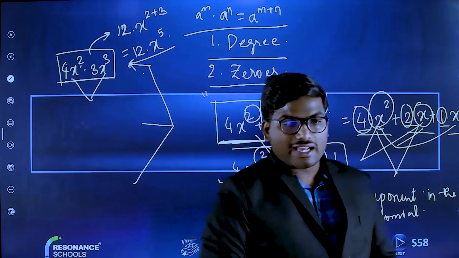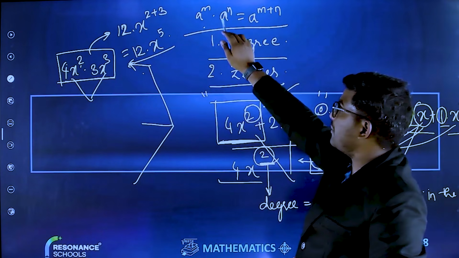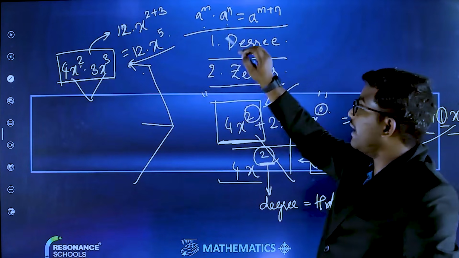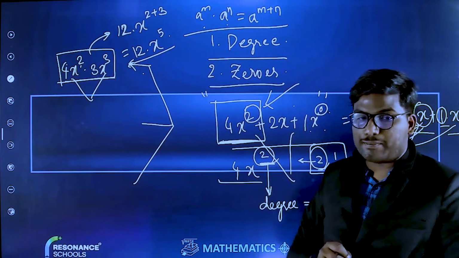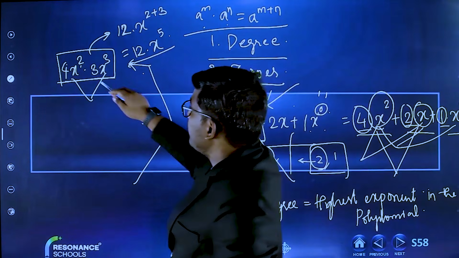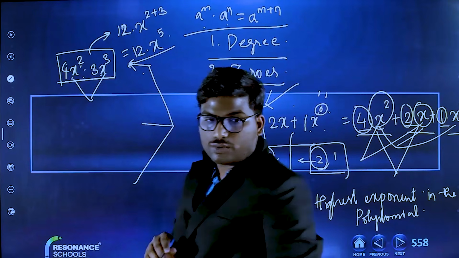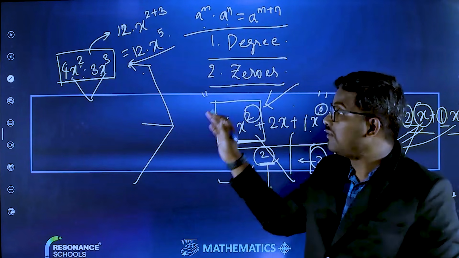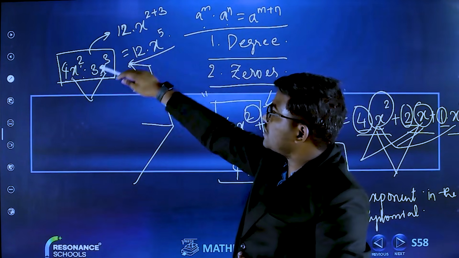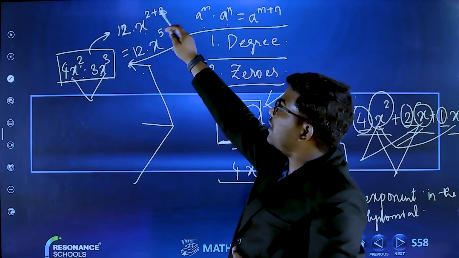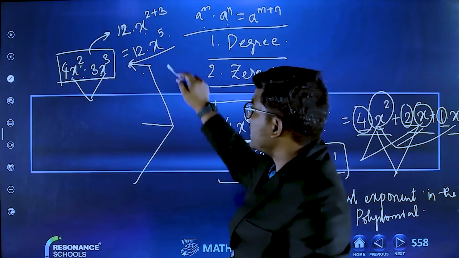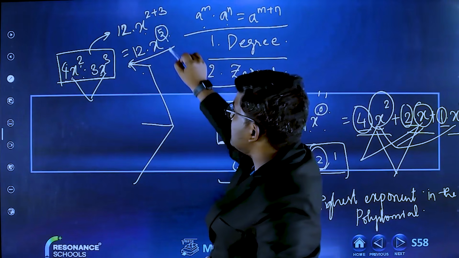We have a key law of exponents: a raised to the power m into a raised to the power n is equal to a raised to the power m plus n. So 4x square into 3x cube, 4 times 3 is 12, and x square into x cube is x power 2 plus 3, which is x power 5. Now the degree of this term is 5.